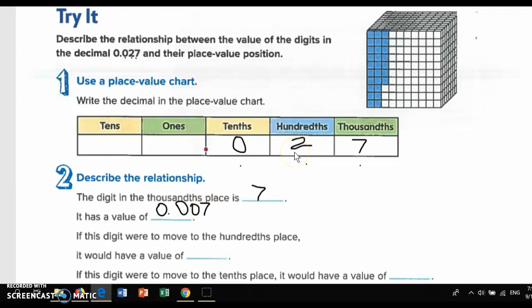If this digit were to move to the hundredths place, it would have a value of 0.07. Why? Because it moved here. So we have 0 and a 7.